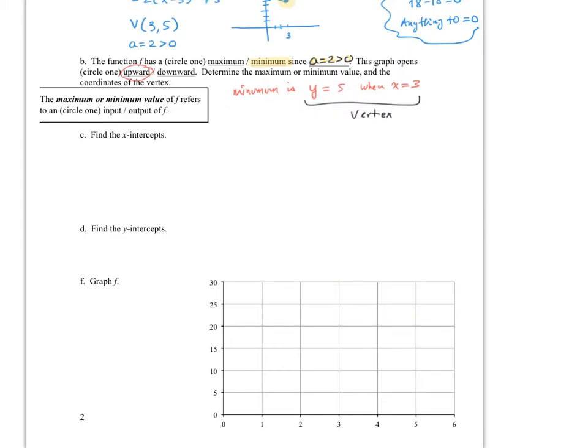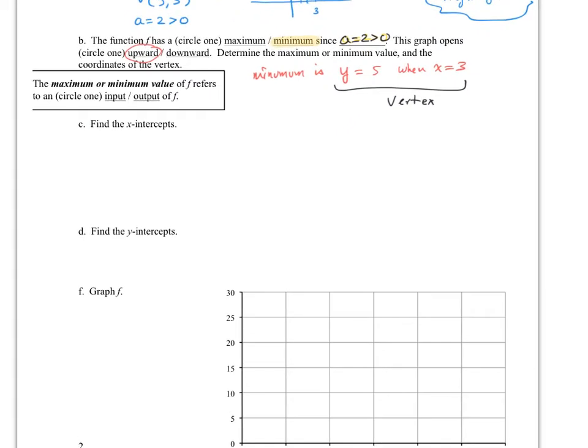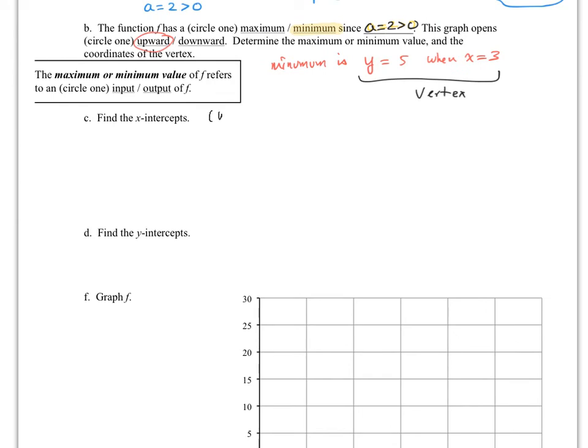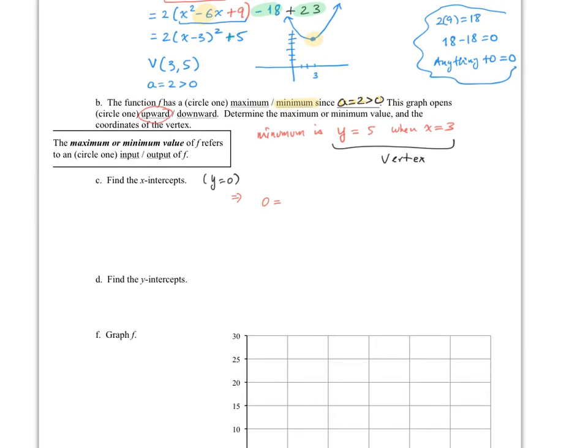Part C is asking you to find the x-intercept. And remember, x-intercept means that y equals 0. So y equals 0 implies that 0 equals the equation we just have right now, which is 2 times (x minus 3) squared plus 5.